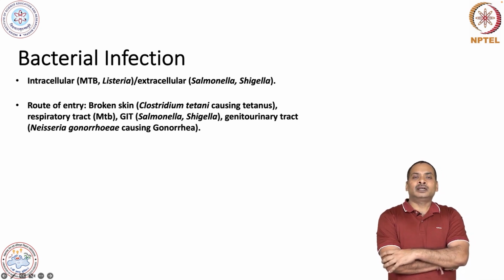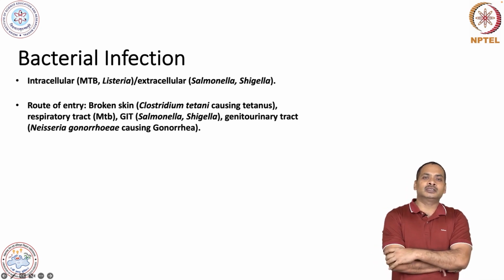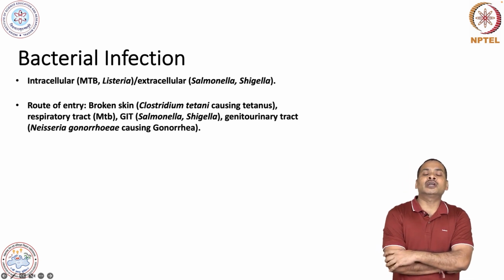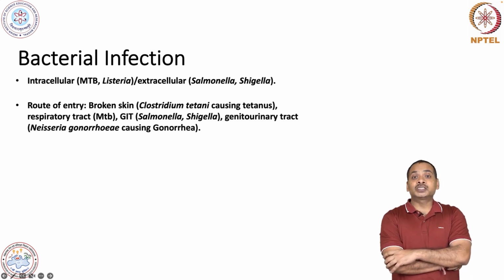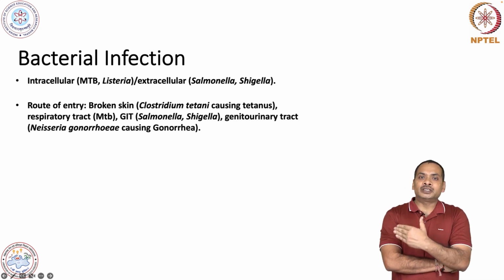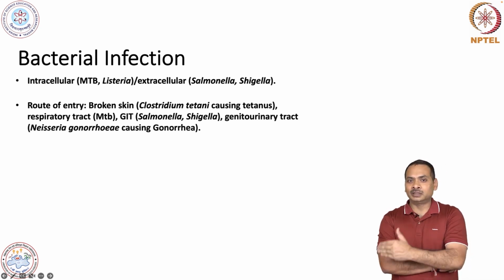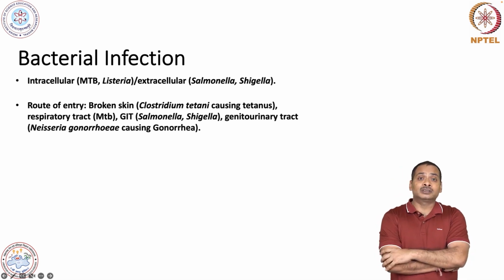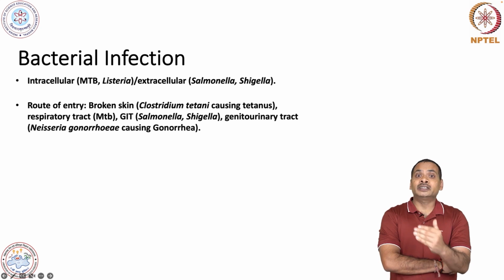One very good example where the route of infection is through skin is Clostridium tetani, which causes tetanus. I think you are well aware of this, because whenever you get hurt by some metal or something, you receive a vaccine which we call the tetanus vaccine. So, this is in order to avoid Clostridium tetani infection.